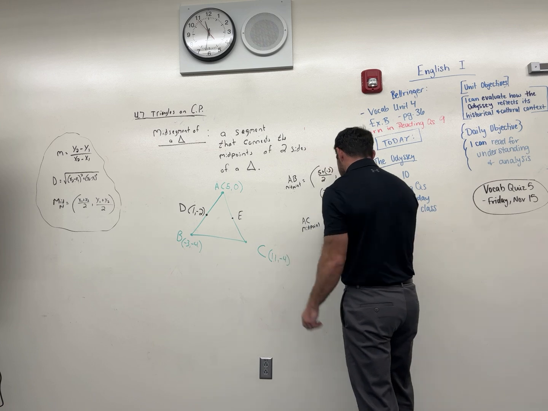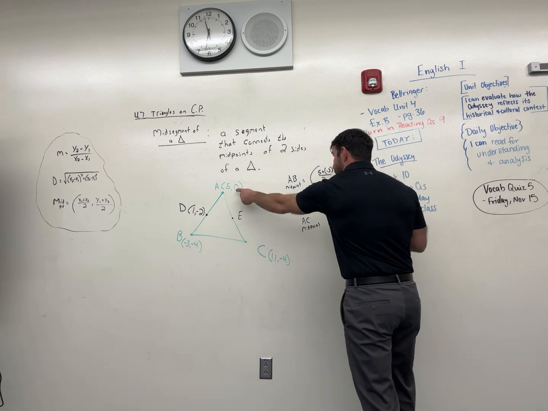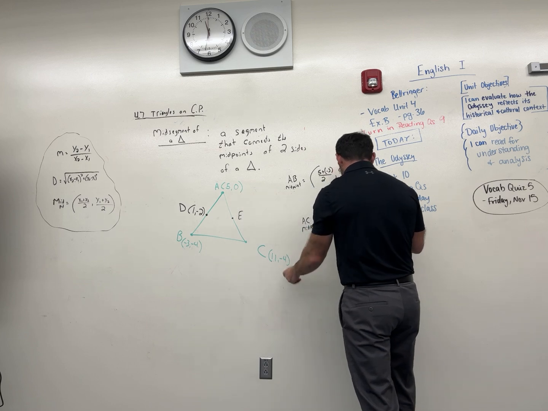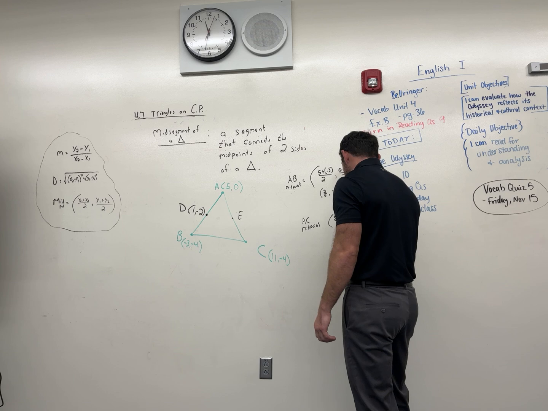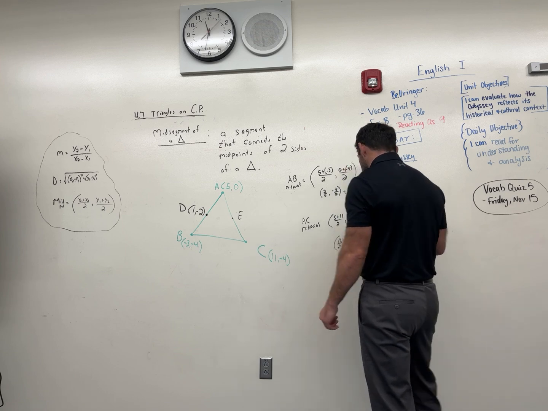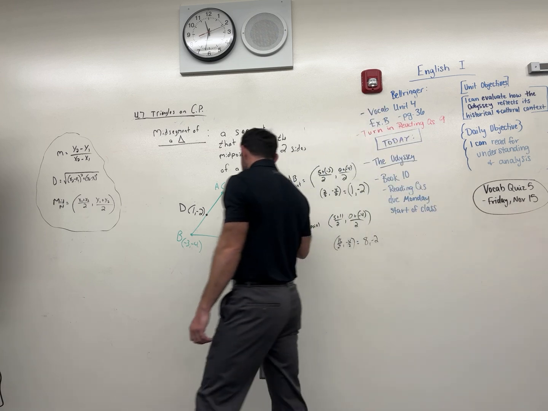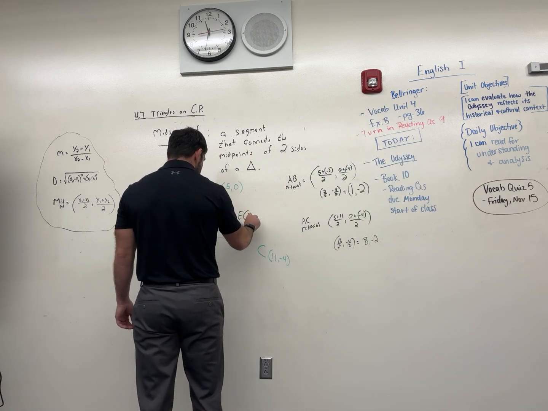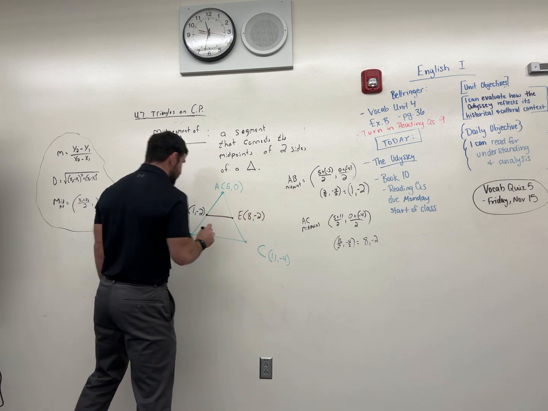X plus X divided by 2, comma, Y plus Y divided by 2. That gives me 16 divided by 2, -4 divided by 2, which equals 8, -2. That is the mid-segment.